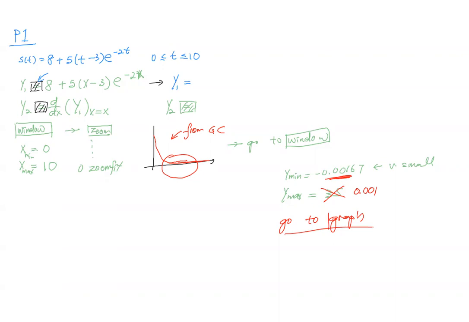Press the button graph. Then you see how it comes out. So if you see some funny graph, you have to go back to the window and do some changes. Now you can see. Can you see the graph now? Yeah. So now you understand what I mean?